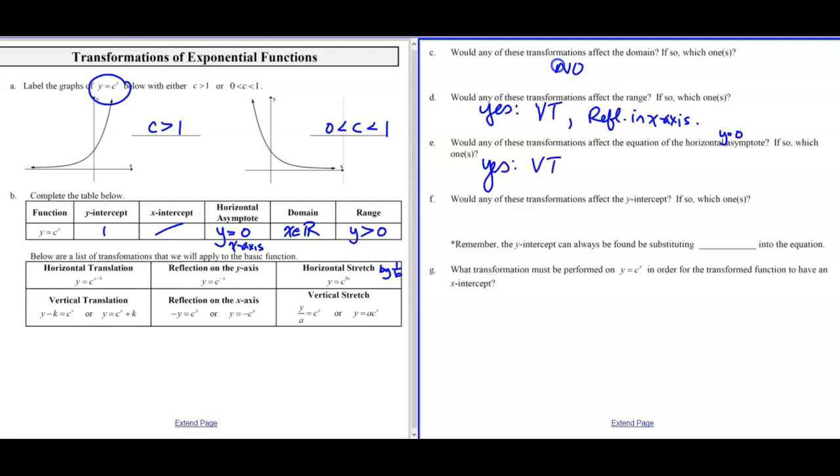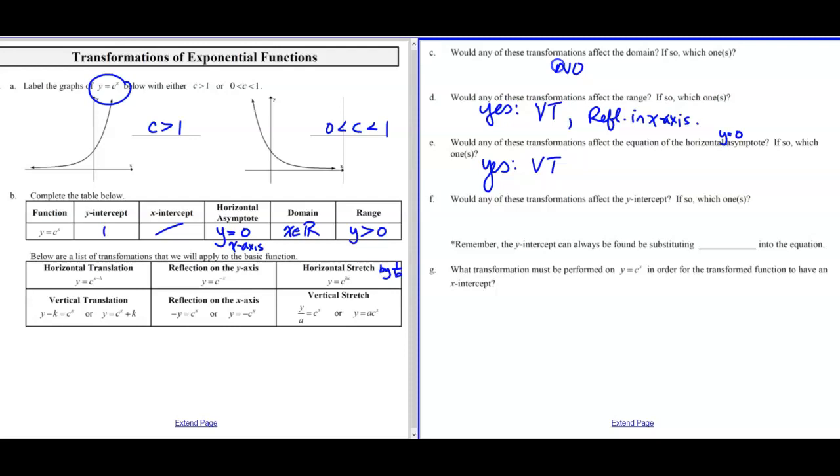If I reflect this in the x-axis, does that change the horizontal asymptote? No. It stays there. So that one's not going to do anything. And the horizontal asymptote is on the x-axis. And remember, under a vertical stretch, anything on the x-axis doesn't change. So the vertical stretch is not going to affect the horizontal asymptote. So that is it.